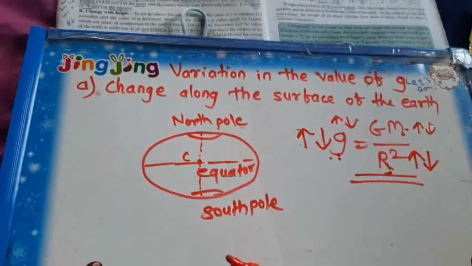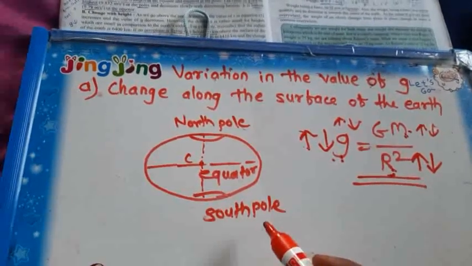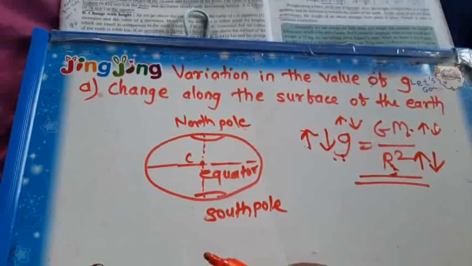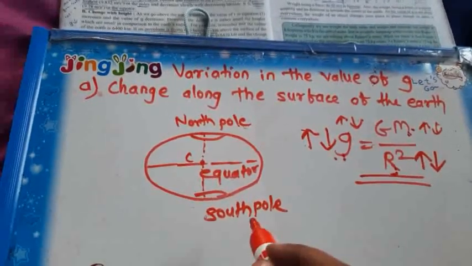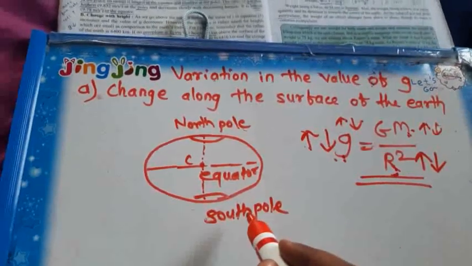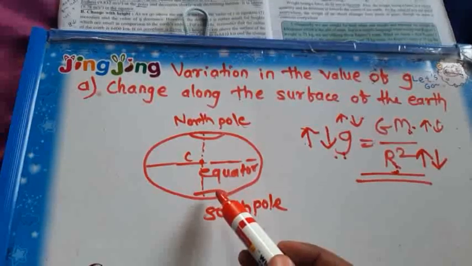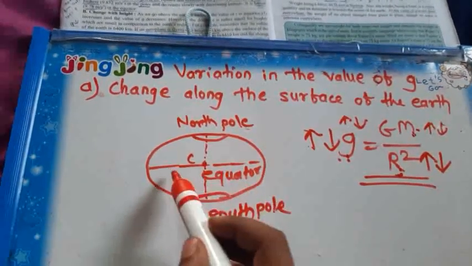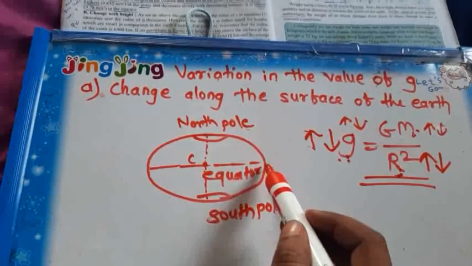The value of g is not the same everywhere on the surface of earth. Why is this so? Because the shape of earth is not exactly a sphere. If we look at the shape of earth, it bulges at the equator. Equator is the middle line.